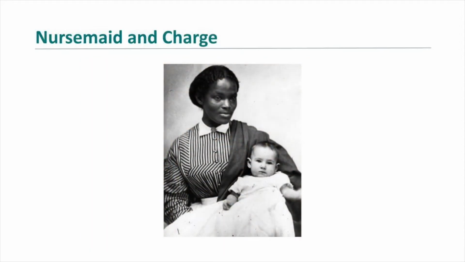And here we have a photograph, which those were called daguerreotypes back in this period, from around 1865, of a nursemaid and her charge. Lots of black women were employed as nursemaids in white households.